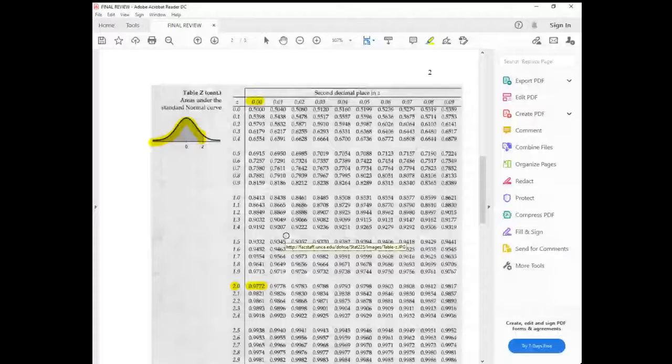Okay, let's delete these things. So I am looking for z equals 1.96. I'm going down my left-hand column to z equals 1.9. That's right here, 1.9. And then going to the second decimal place of 0.6, because it's z equals 1.96.